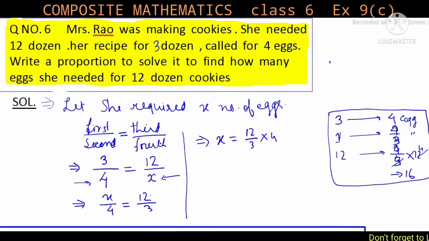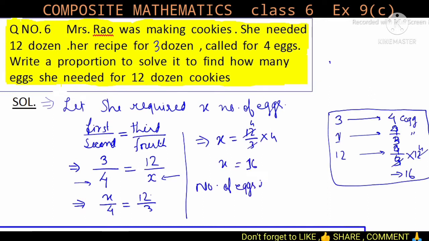Now, 3 and 12 have common factor 3. So, 3 fours are 12. Now, x is equal to 4 fours are 16. So, 16 number of eggs required is 16. So, this is our final answer.